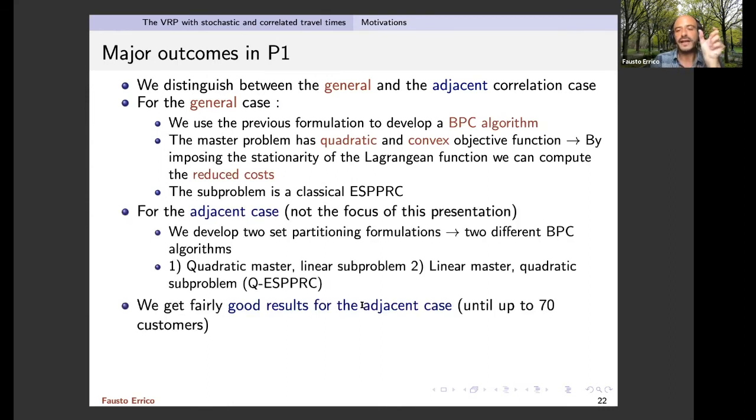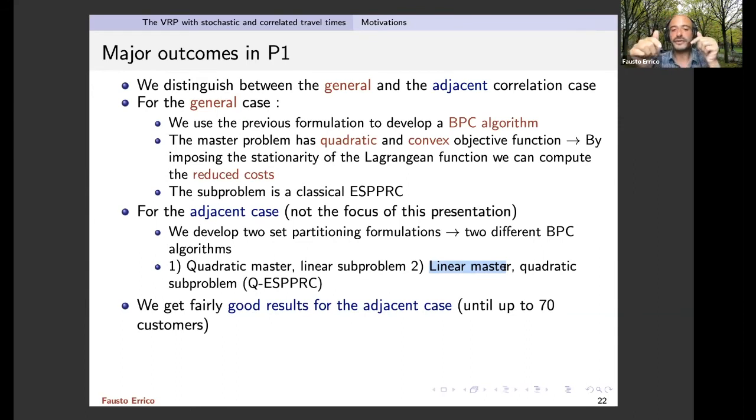For the adjacent case, we could get rid of the K index, which also allowed a different approach. We had potentially two reformulations, but the one that worked better was a linear master problem, in which we deal with the quadratic part in the subproblem.